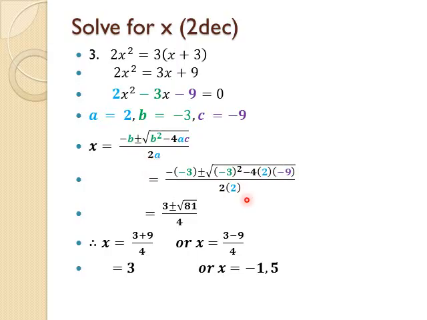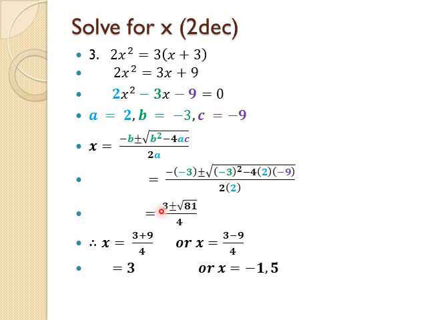Bottom, 2 times 2. So negative times negative gives me positive 3. Negative 3 squared is positive 9. Negative 4 times negative 9 gives me positive 36, times 2, 72. So 72 plus 9 gives me the square root of 81.